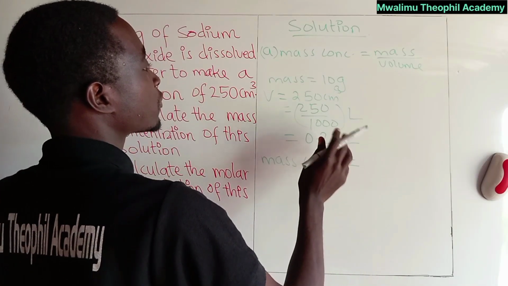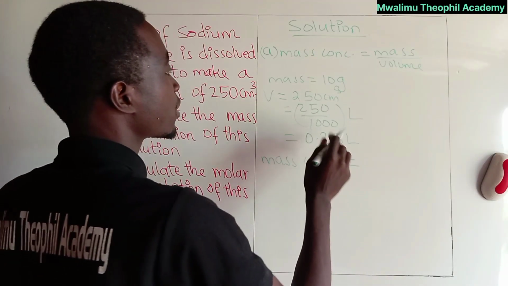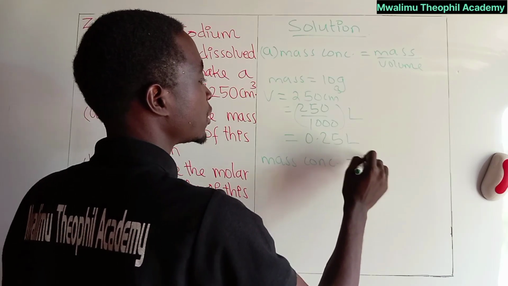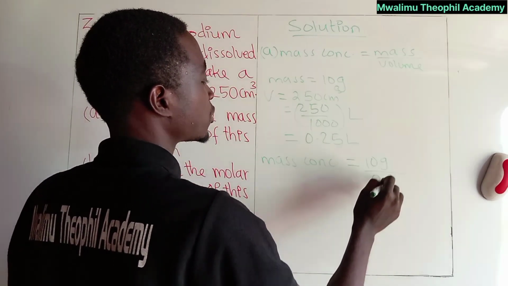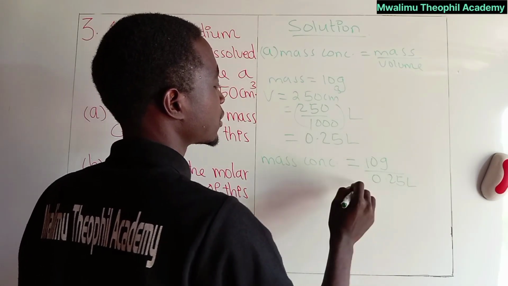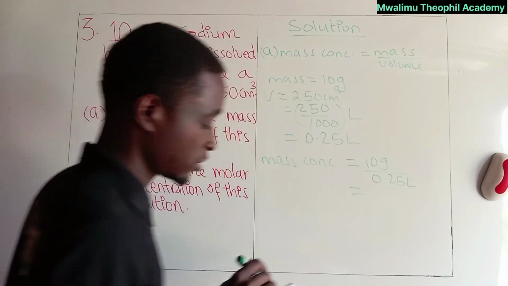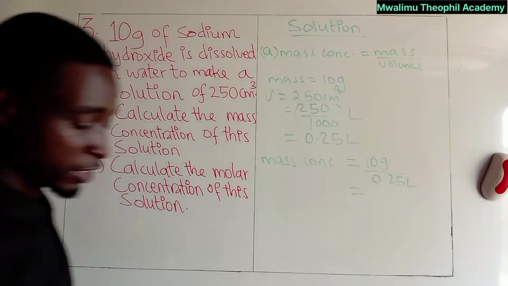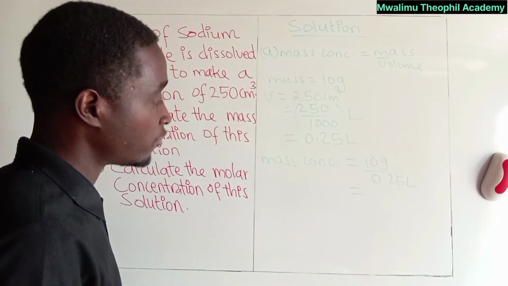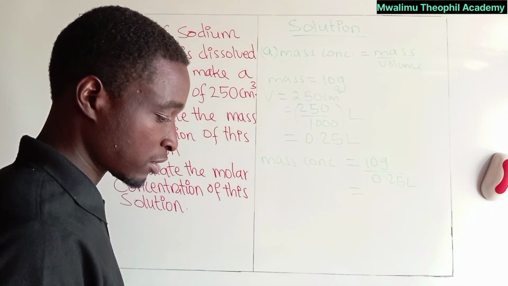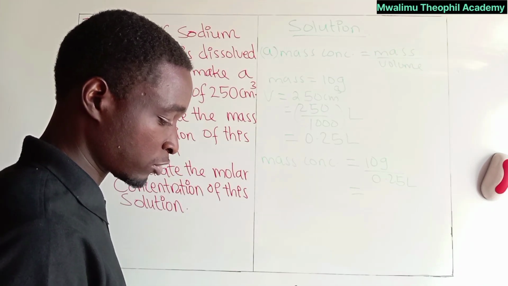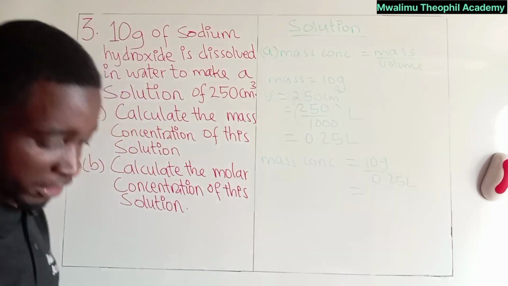Now the mass concentration for sodium hydroxide will be equal to the given mass, which is 10 grams, over the volume, which is 0.25 liters. Let's compute this. When we take 10 over 0.25, you get 40.